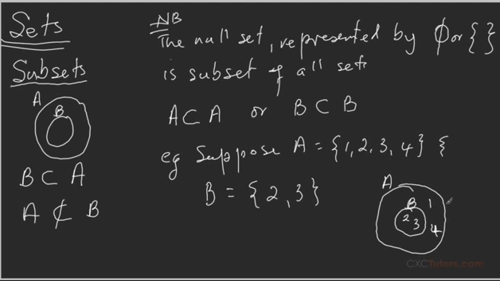So A contains 1, 2, 3, 4, but B only has 2 and 3.